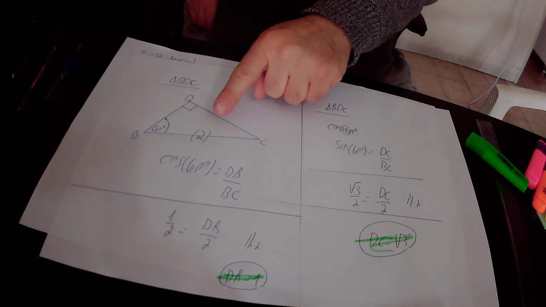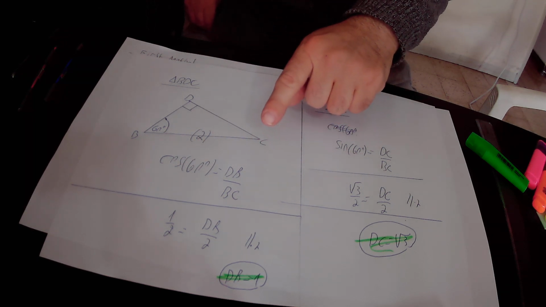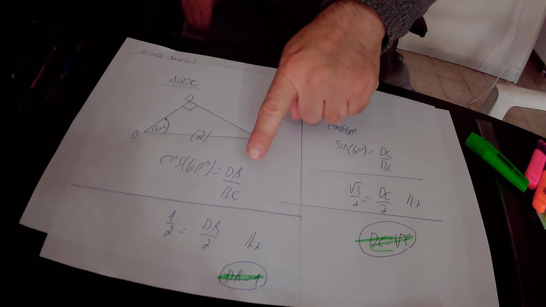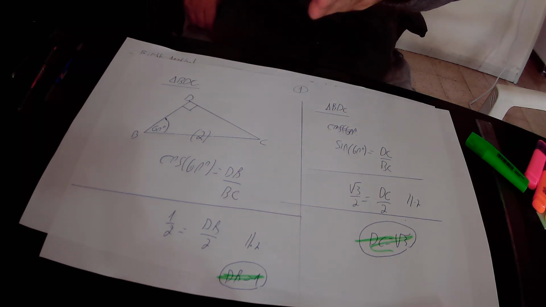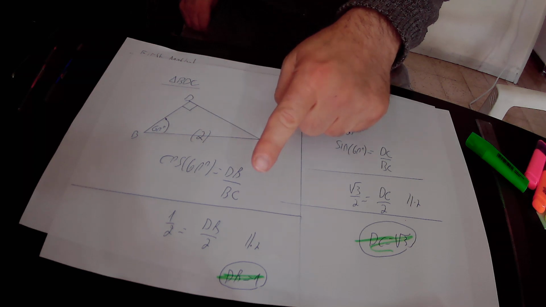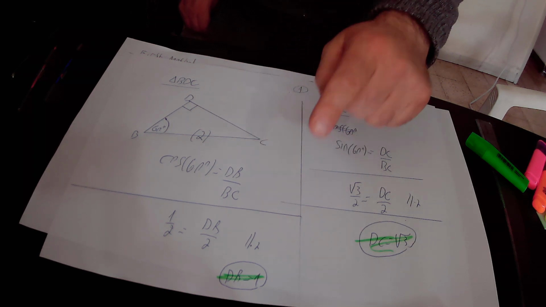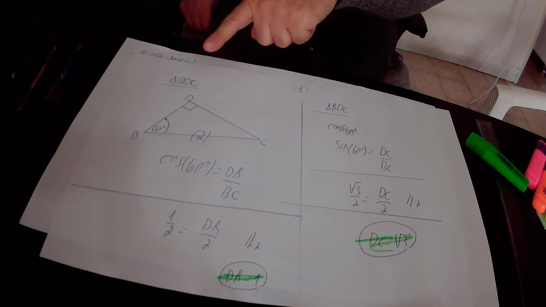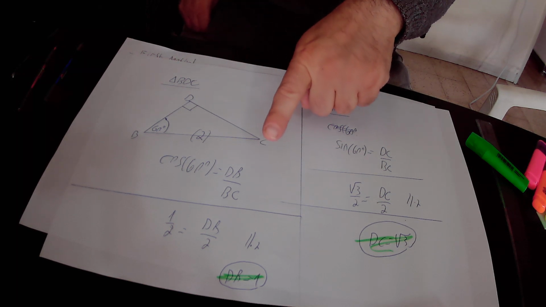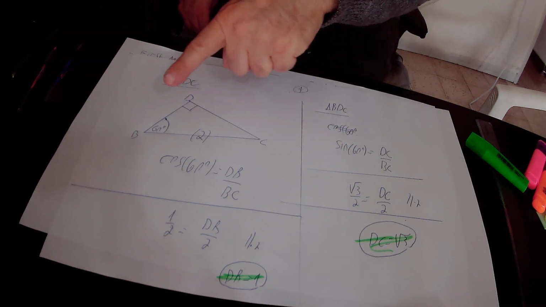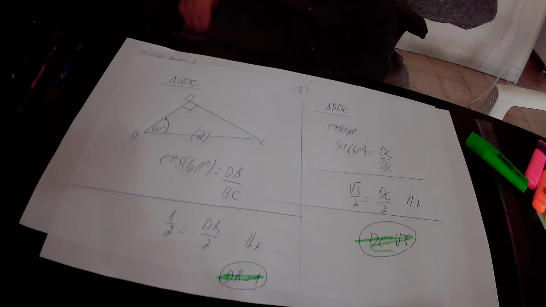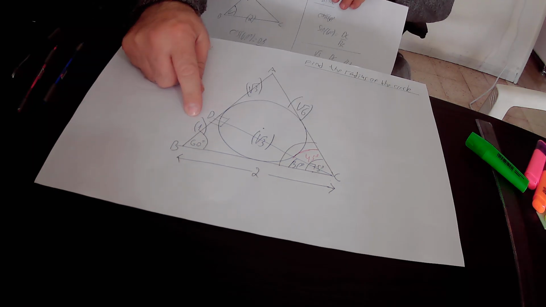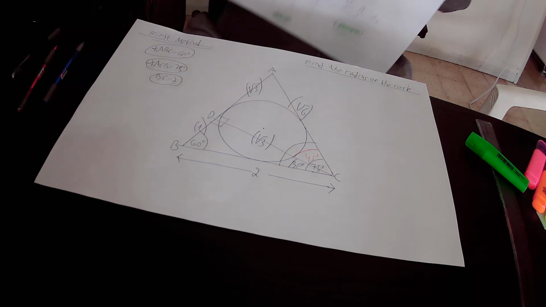Cosine 60 degrees is 1/2, so 1/2 equals BD over BC. BC is 2, so 1/2 equals BD over 2. We multiply this equation by 2 and finally find that side BD equals 1 unit in length.